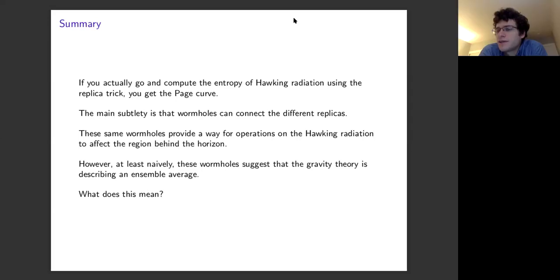Well, I'm not sure if there's another way to define JT gravity non-perturbatively, but I'm not sure it's the most important question. There are definitely other theories of quantum gravity that are much more interesting than JT gravity, and we shouldn't read too much into the answer that JT gravity is giving us. The fact that JT gravity is an ensemble average could be a symptom of it being a stupid two-dimensional model that has no degrees of freedom in it, and better theories of quantum gravity are not ensemble averages.